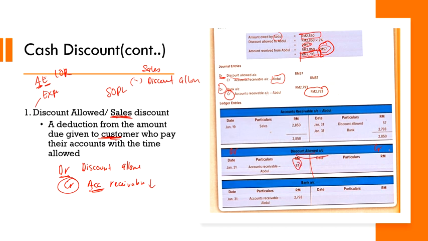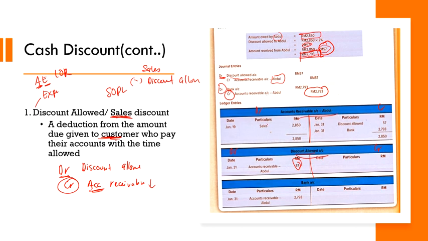Okay, next we will open the account receivable Abdul. So open account receivable. This one is debit, this one is credit. So 19th of January, Abdul bought from us.